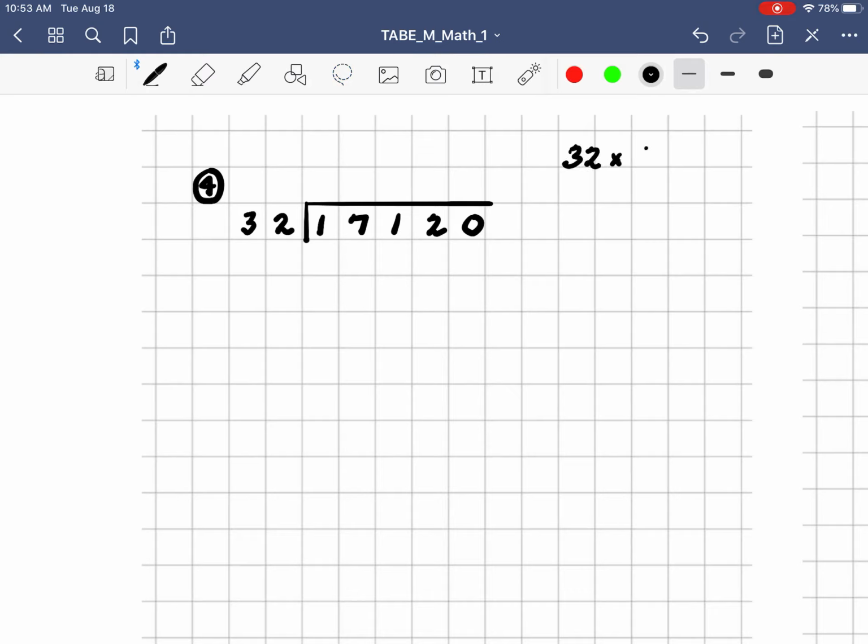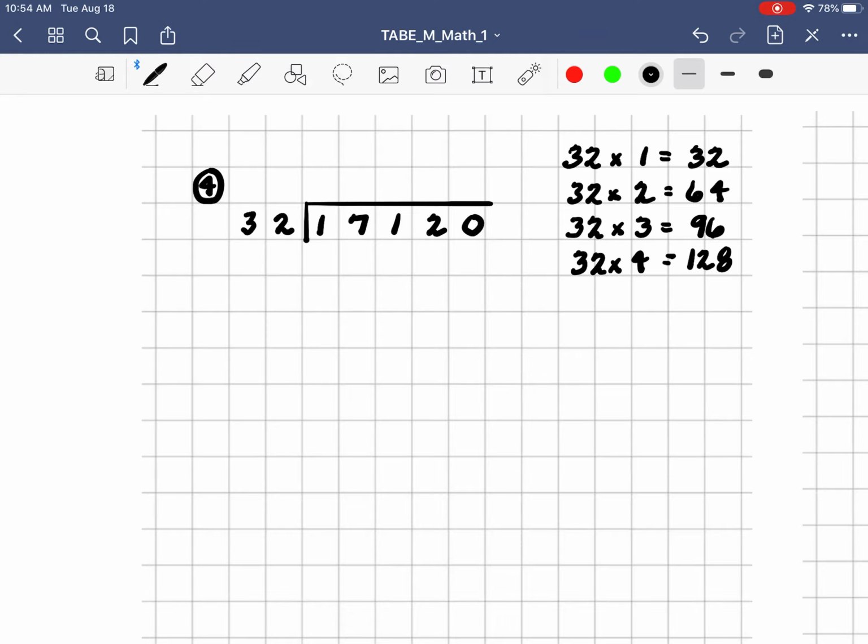So 32 times 1 is 32. 32 times 2 is 64. 32 times 3 is 96. And 32 times 4 is 128. And since these are such large numbers, that's as far as I'm going to go right now. If we have to, we'll go further.